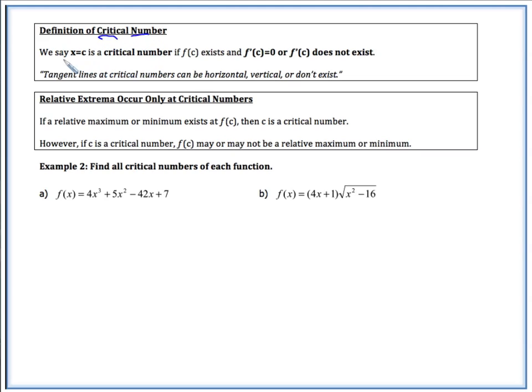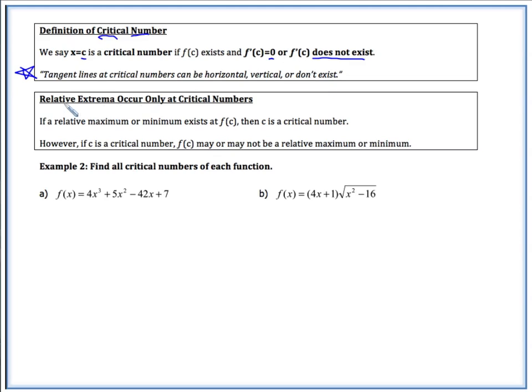So a critical number, we say x equals c is a critical number if f of c exists, so the function exists at that point, and f prime of c equals 0 or does not exist. So the derivative does not exist or is 0 at a critical number c. Now it turns out that tangent lines at critical numbers can be horizontal, vertical, or don't even exist at all.